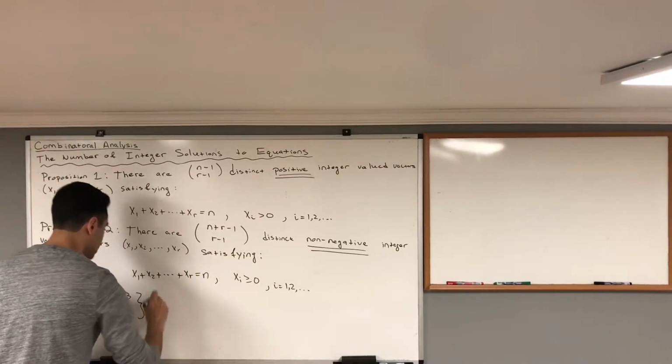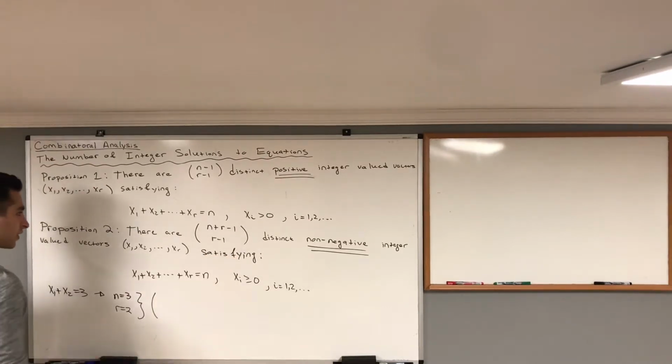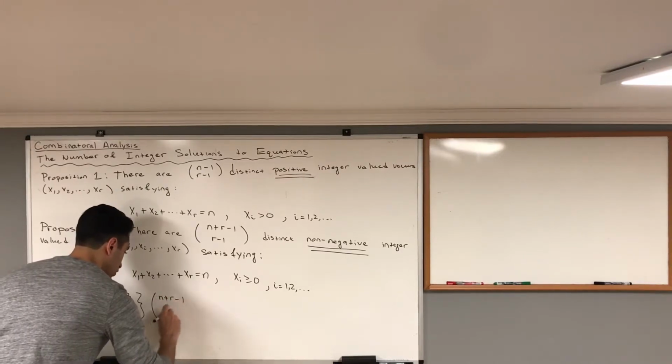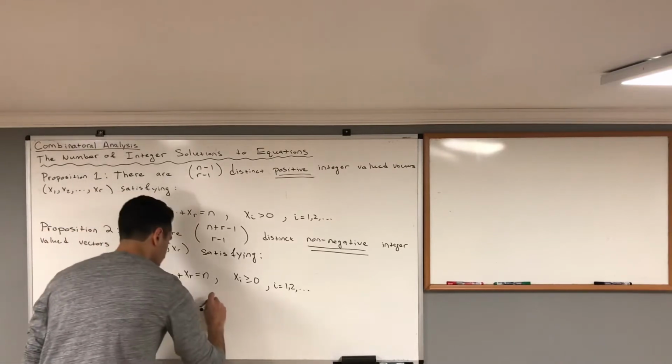And it says the total number of lists or vectors that satisfy this equation for non-negative integer values is just n plus r minus 1 choose r minus 1, where in this case, n is 3 and r is 2.